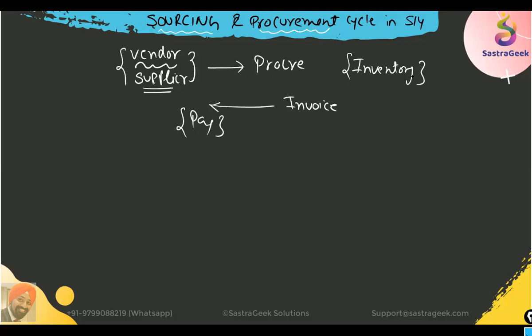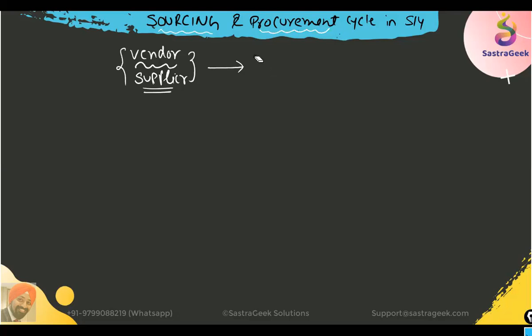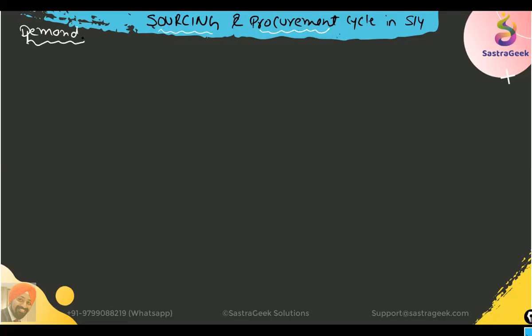Now I will explain how the end-to-end process works. At a high level this is a straightforward process, but there are minor steps to do these steps. First of all, if you want to procure something, there should be some demand, right? So the first question is where the demand comes from.